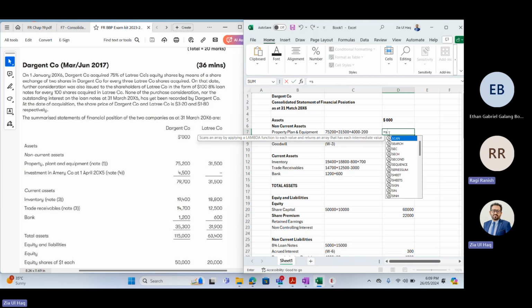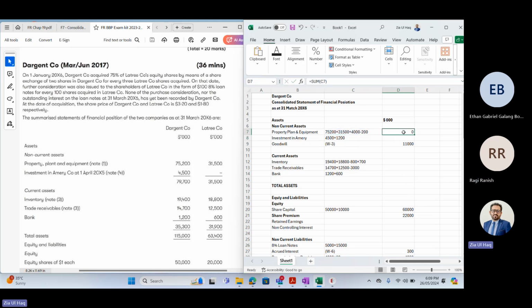Equal to sum, and in bracket, close the bracket. Control C, Control V directly on the number.